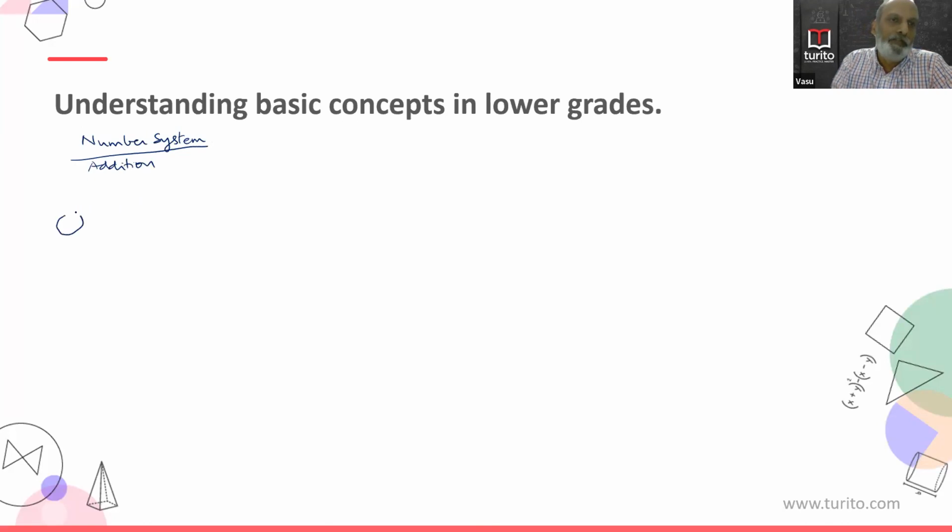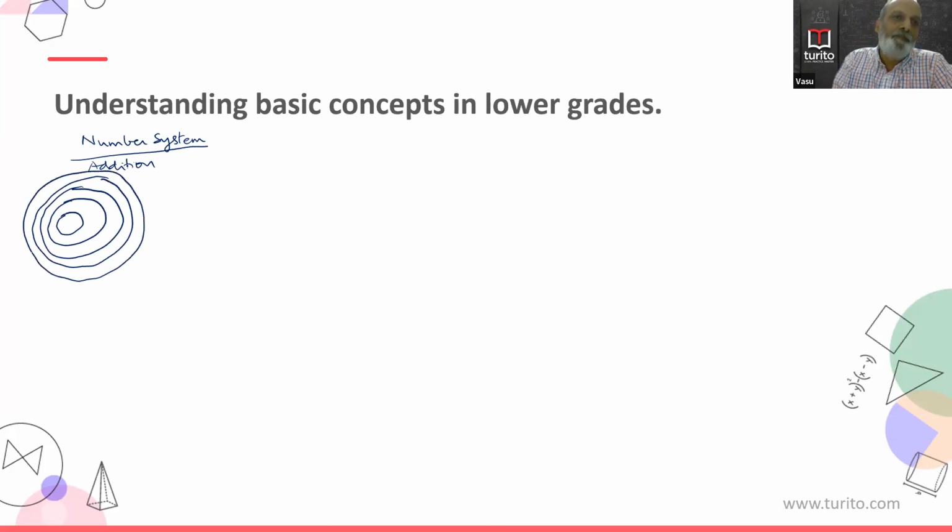First we have the natural numbers, then we have the whole numbers, then we have integers, then we have the rational numbers and the real number system. Apart from this, we have the biggest number system, that is the complex number system.